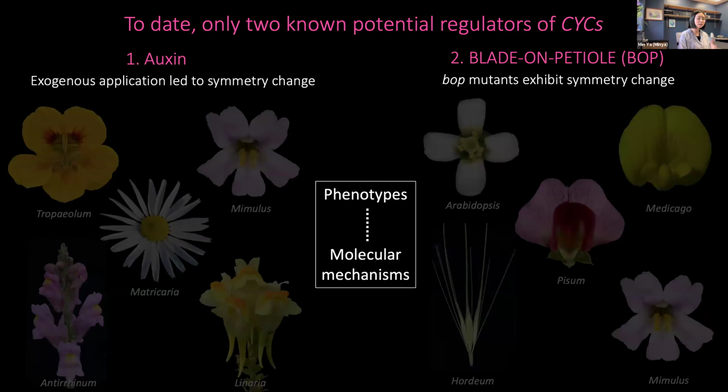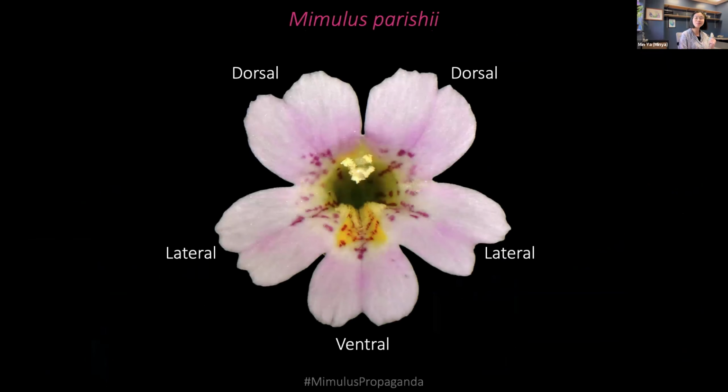And this moment did not come until recently, and here's my very cute Mimulus flower. A bilaterally symmetric flower that can also be easily transformed, so a truly emergent model system. And now we can use Mimulus to really address those mechanistic questions regarding symmetry breaking in flowers.